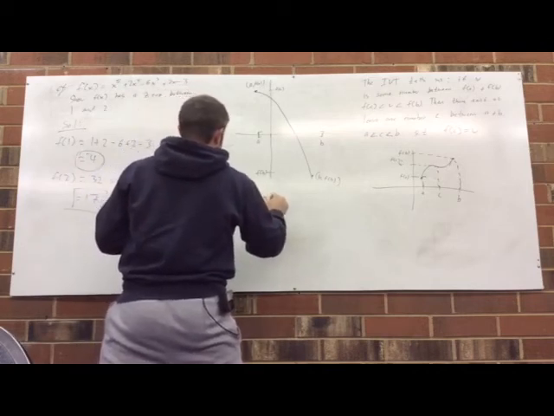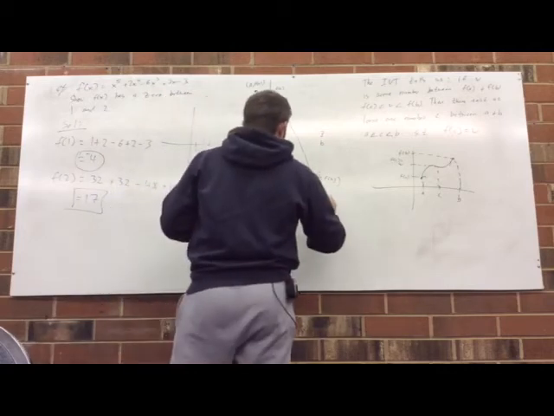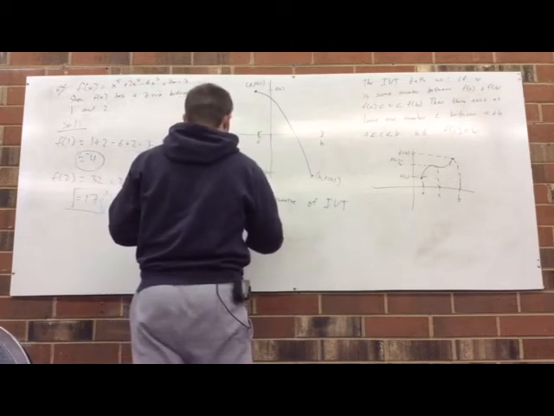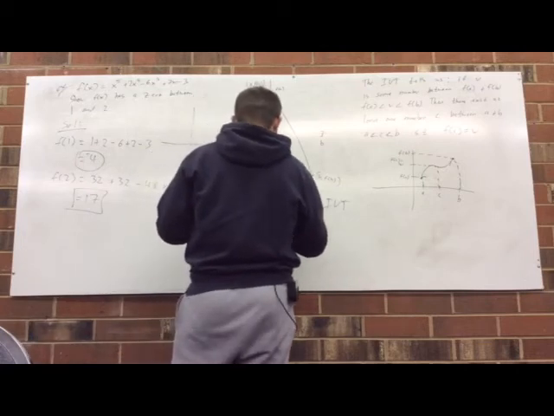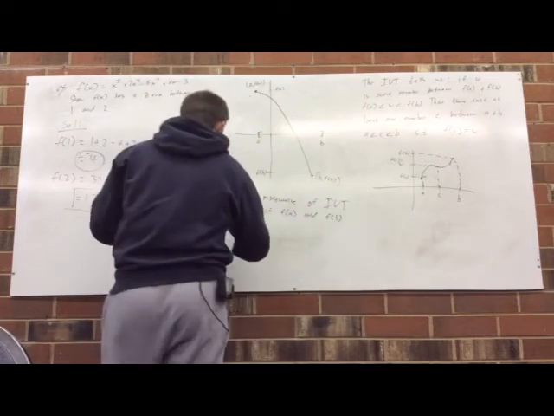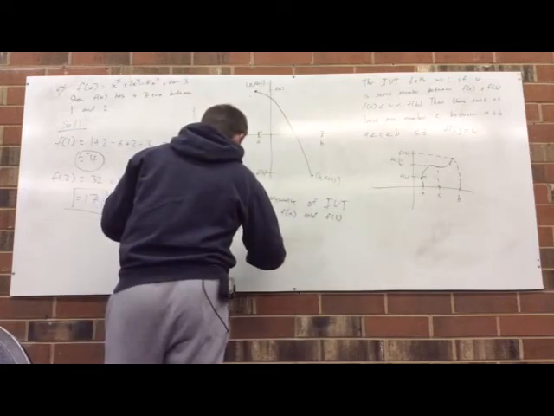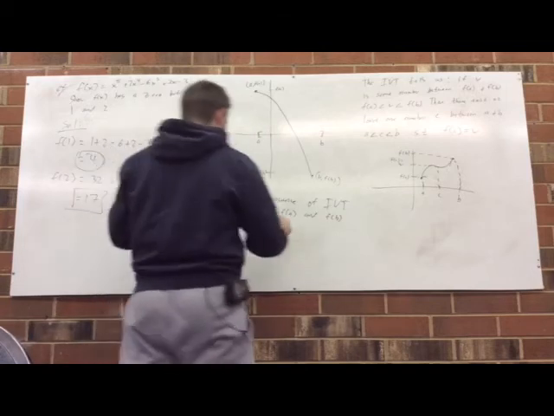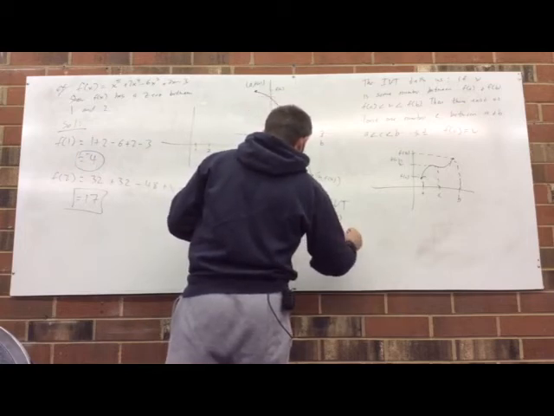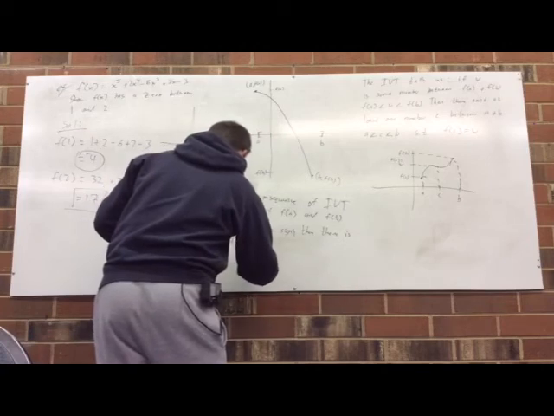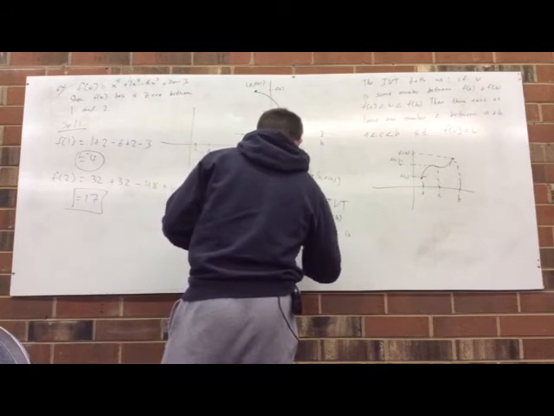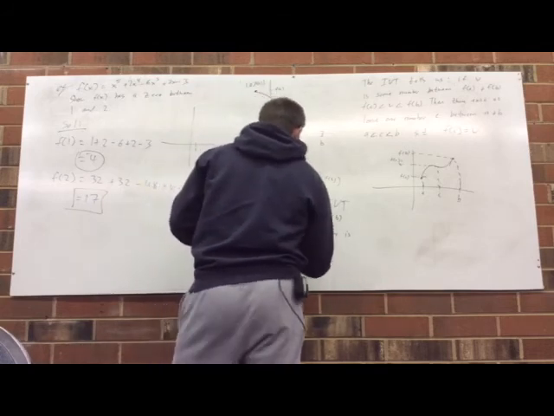A consequence of the intermediate value theorem is that if f of A and f of B have opposite signs, then there is at least one number, C.